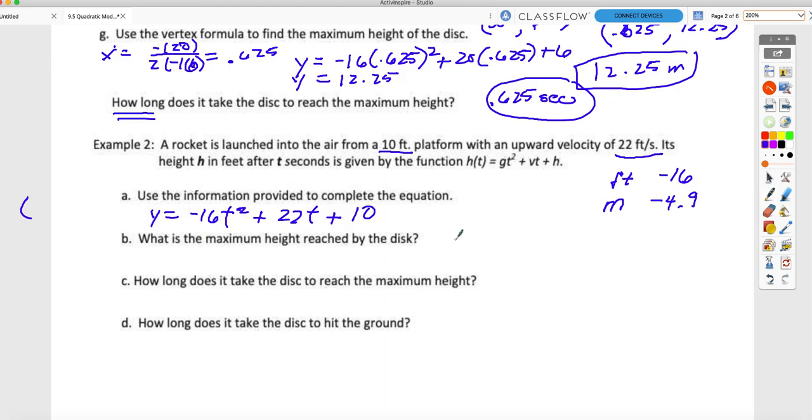Okay, it's 0.69 over here. Okay, 0.69. That's the x-coordinate of the vertex, and the y-coordinate of the vertex is 17.56.